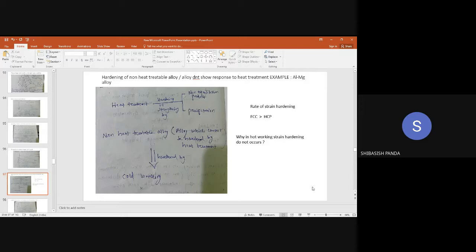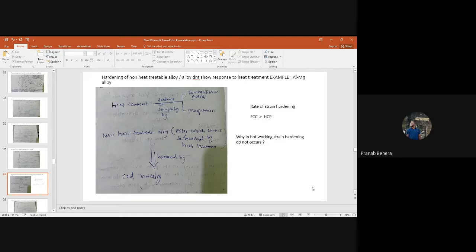Strength. What do you mean by strength here? In non-equilibrium products, the strength is more. Very good. In non-equilibrium products, the strength is very high compared to equilibrium products. Anything else?